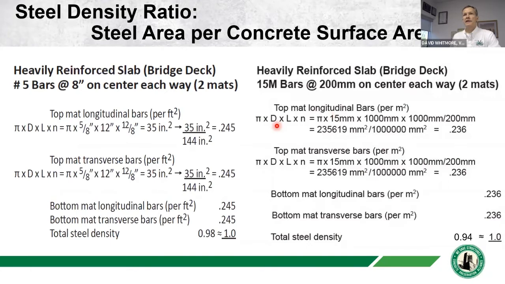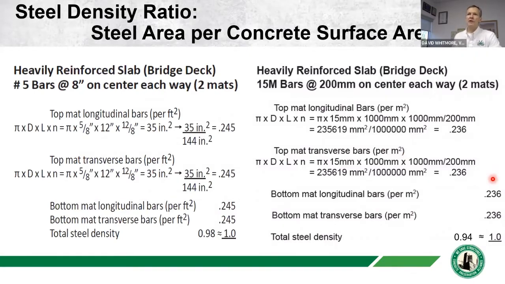And so pi times d times L times n, we calculate that we have 0.236 square meters of steel in that direction per every square meter of surface area. We do the same thing in the transverse direction for the top mat of steel, and we get the same number because we've used a similar spacing in both directions.